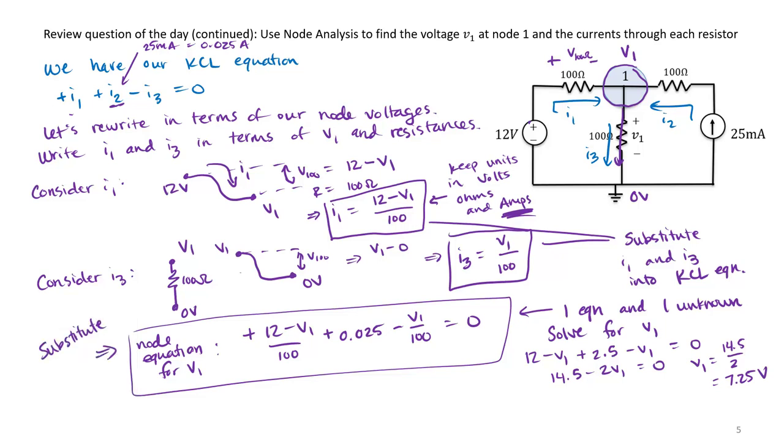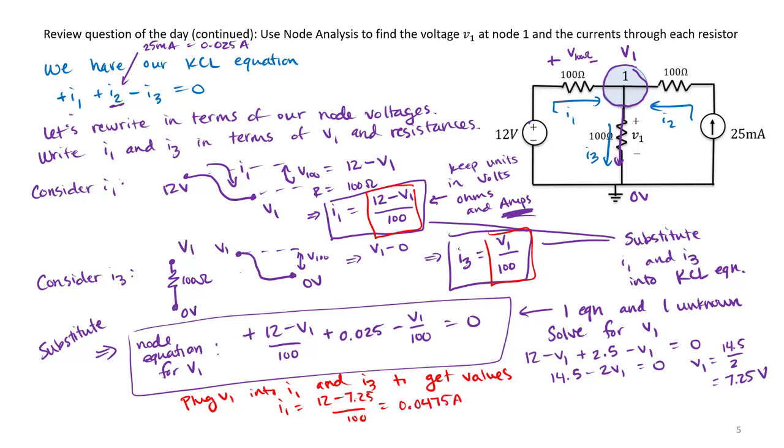Notice once we know V1, we can plug V1 into I1 and I3 to get our currents. So we can determine here that I1 must be equal to 12 minus 7.25 over 100, and that gives us 0.0475 amps.